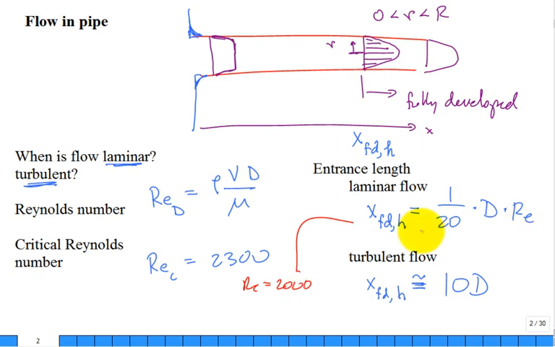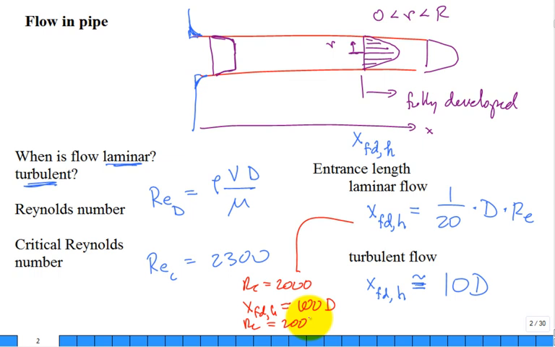2,000 divided by 20, what do you get? 100. So it could be that to be fully developed hydrodynamically, you need 100 diameters. That's a long distance. Let's say the Reynolds number is 200.